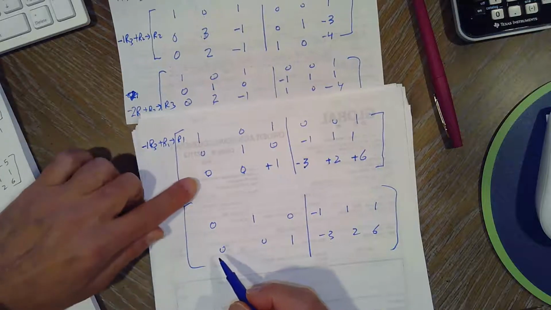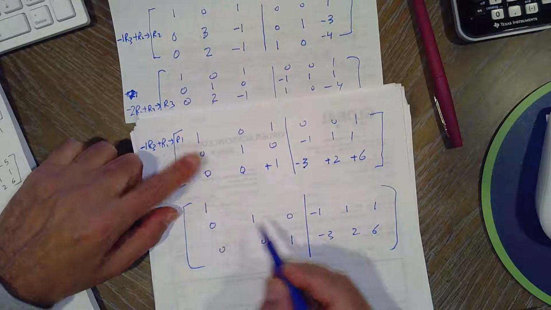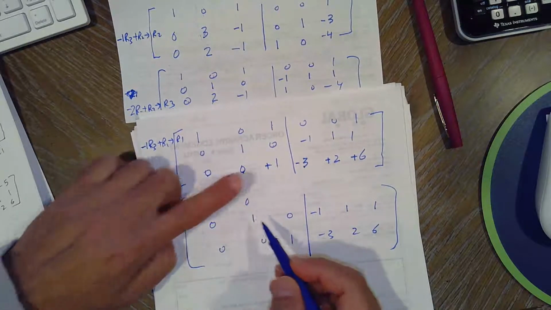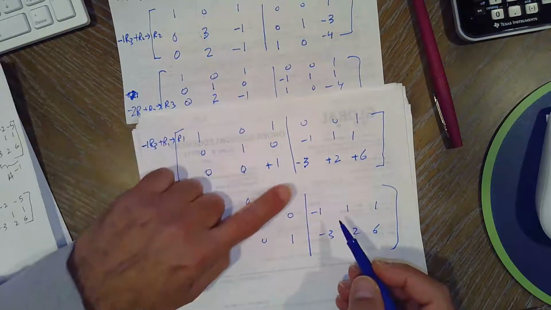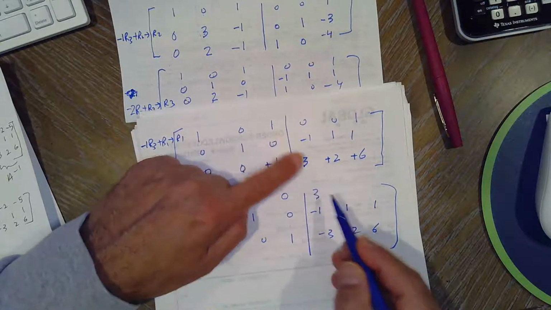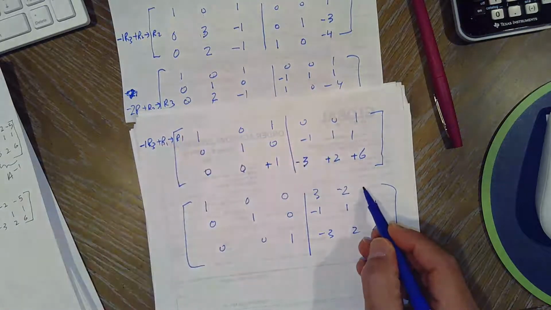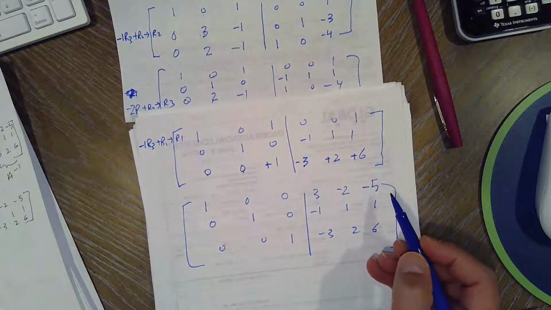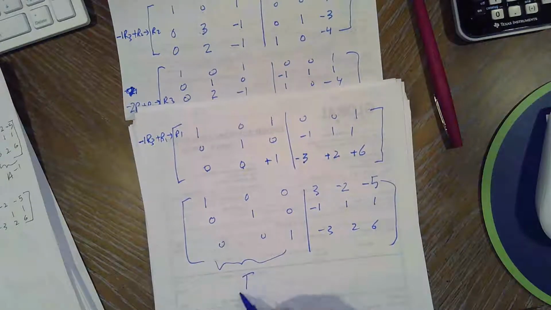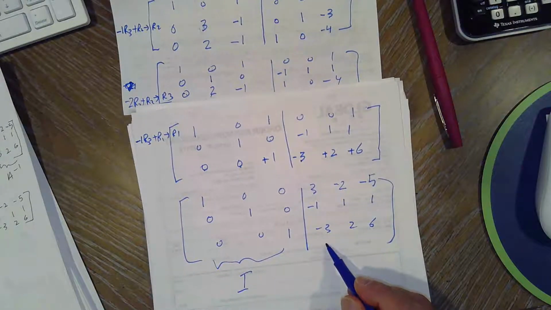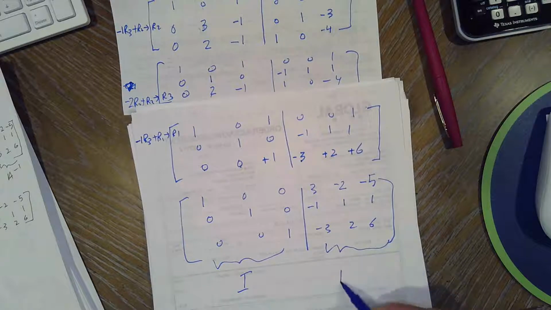So we're doing negative times 0 plus 1 is 1, 0 plus 0 is 0, -1 plus 1 is 0, 3 plus 0 is 3, -2 plus 0 is -2, -6 plus 1 is -5. So this is the identity for the 3 by 3, and this is the inverse.